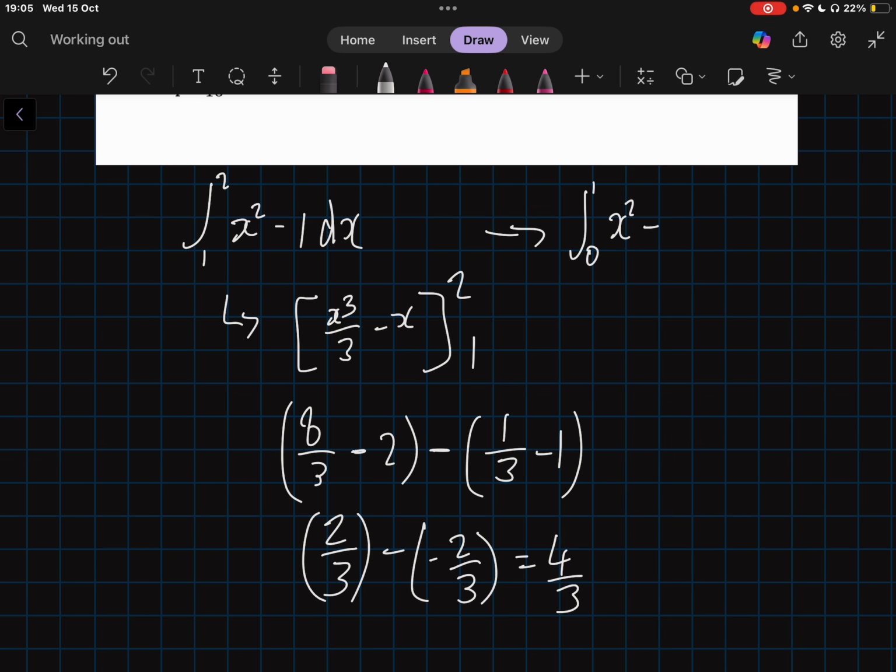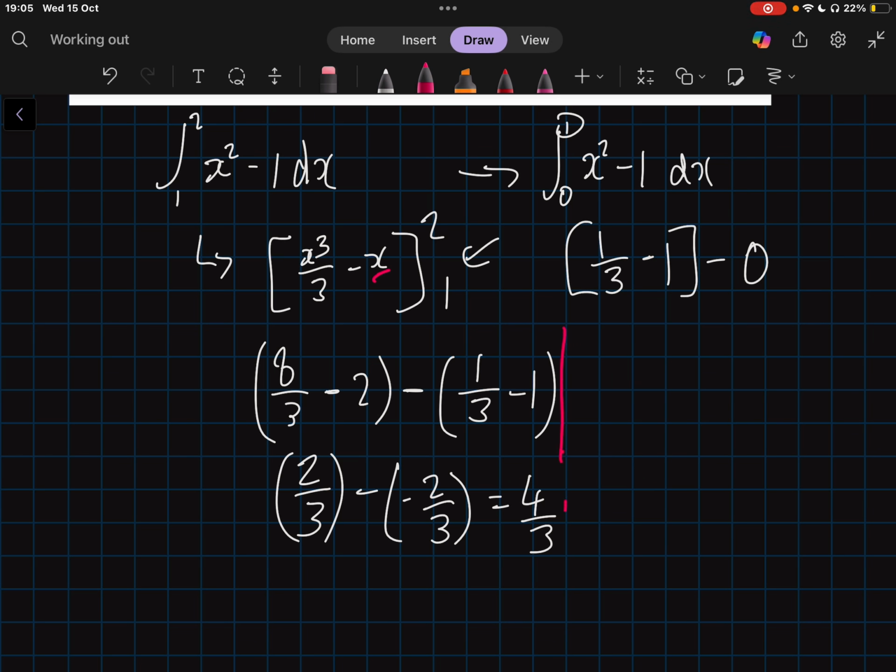We're going to have 1 cubed over 3, which is just 1 over 3, minus 1. And the second part is just going to be 0, because 0 cubed over 3 is 0, and 0 times 0 is just 0.